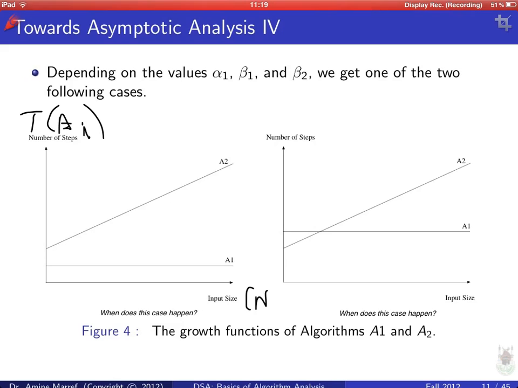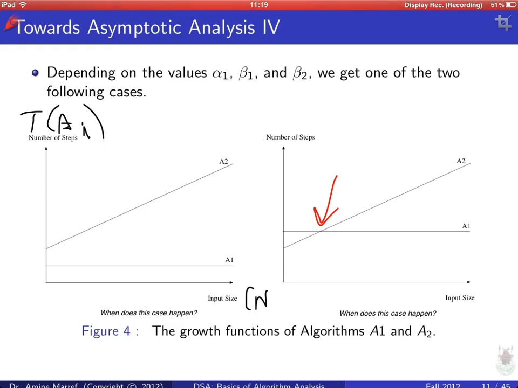In other words, in this small range here, which algorithm is more efficient? The algorithm which is more efficient is the one that has the smaller number of steps.